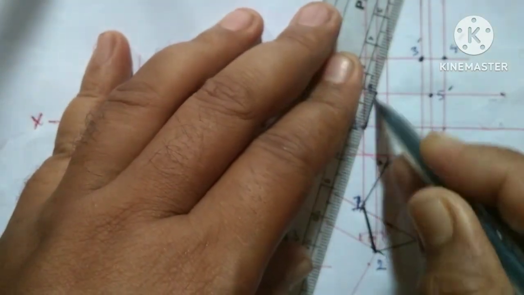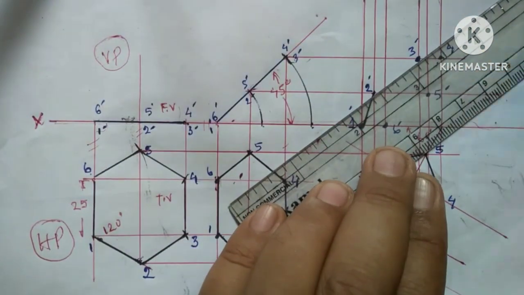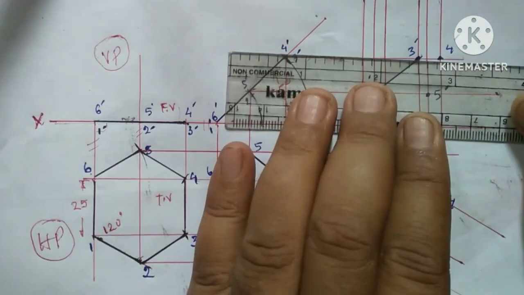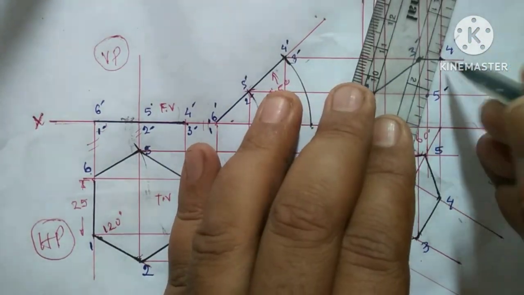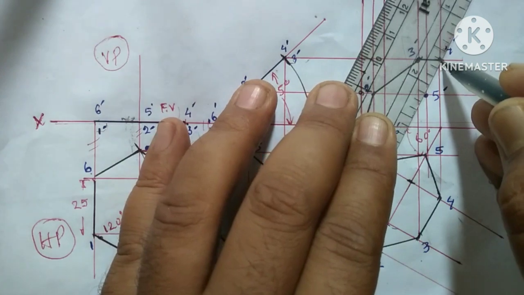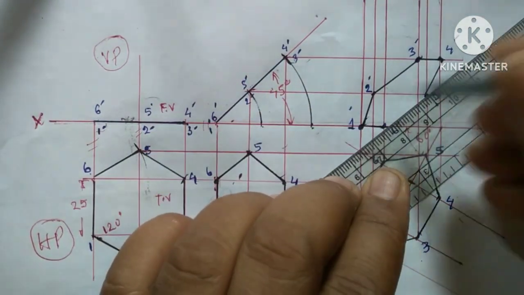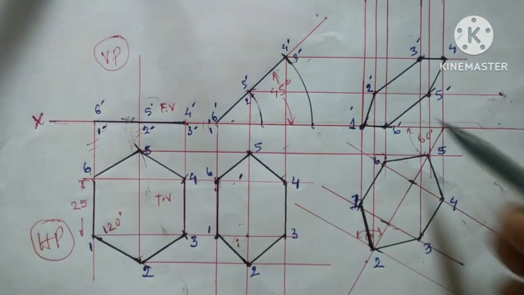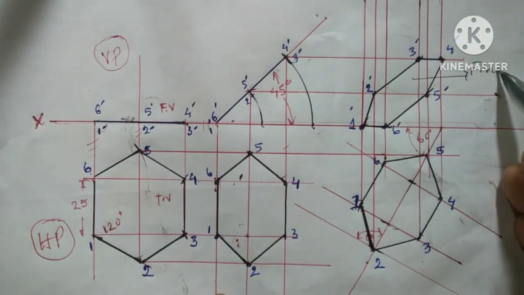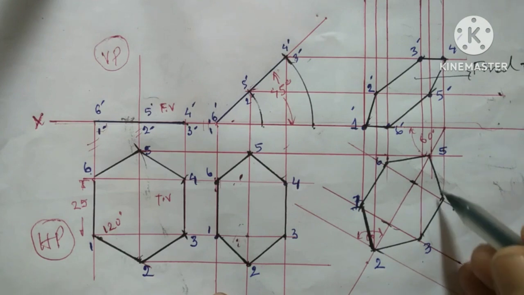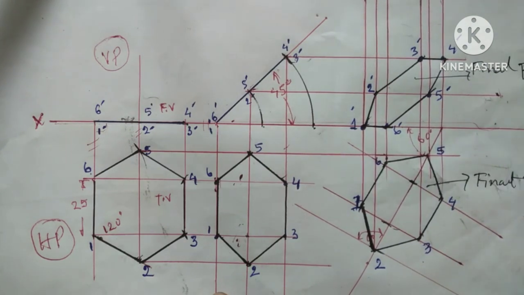Then join point to point. So this is our final front view and our final top view.